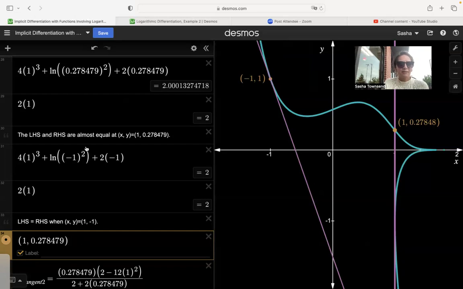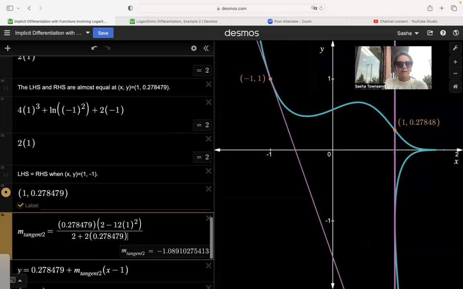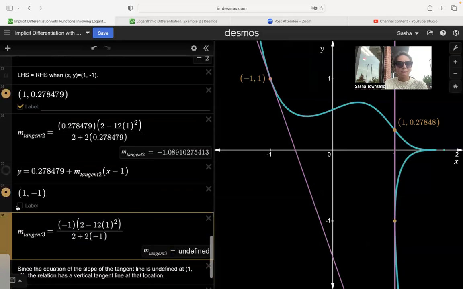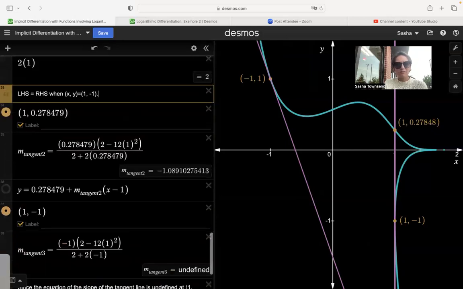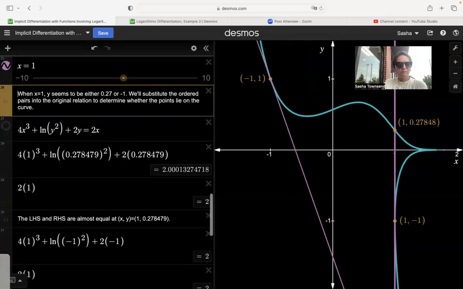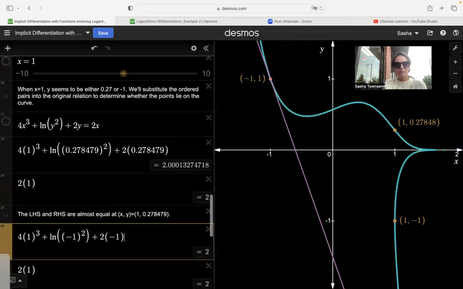And then if we evaluate the left-hand side and the right-hand side at x equals 1, y equals -1, we see the left-hand side and right-hand side are both equal to 2. So that point is definitely on the graph. So we can get rid of that vertical line now. Then we ask, what is the slope at each of those points?